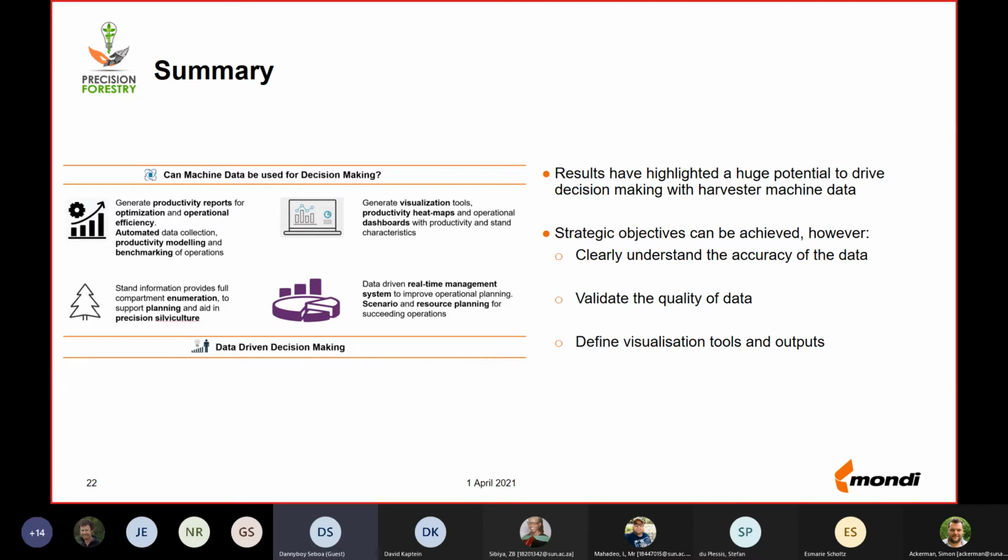For us to be able to meet the strategic objectives that we have outlined before in the presentation, we need to clearly understand the accuracy of the data we're getting from the heads, and we have to be able to validate the quality of the data we get to avoid making decisions from poor data quality. And lastly, to clearly define data visualization tools and the outputs that we're going to use.